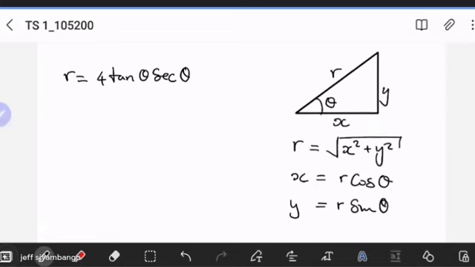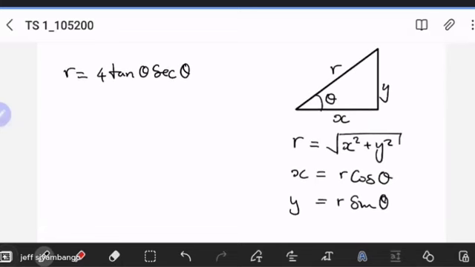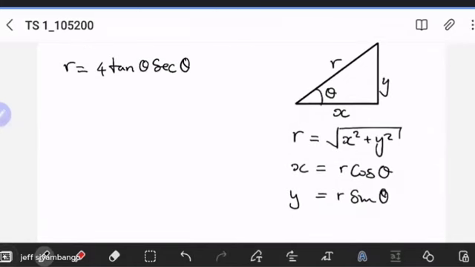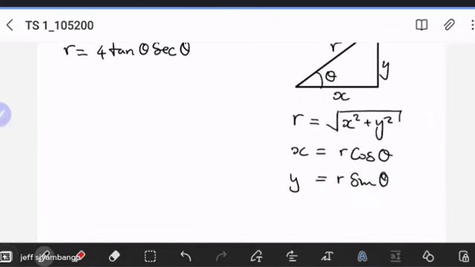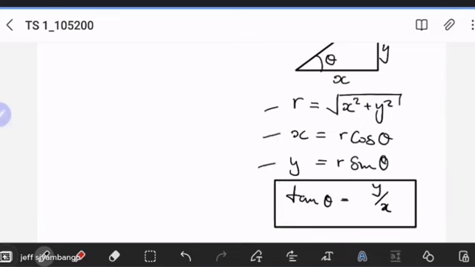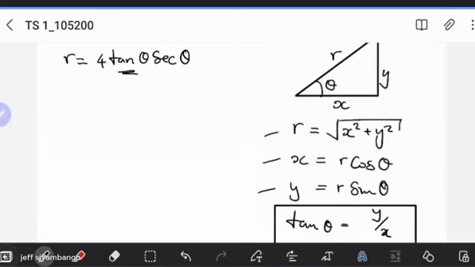But notice that one more relationship can be defined here, and that is in terms of tan. If you try to get tan theta, you end up with y over x. This is what makes this question interesting, because you rarely use tan. Most of the operations you see will use the other three, but they rarely bring out tan. But for this one, tan is going to be key here.